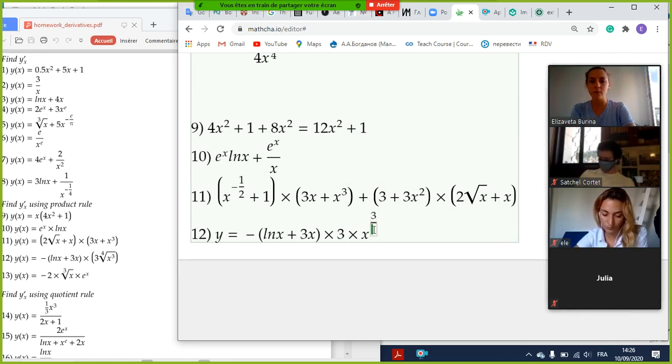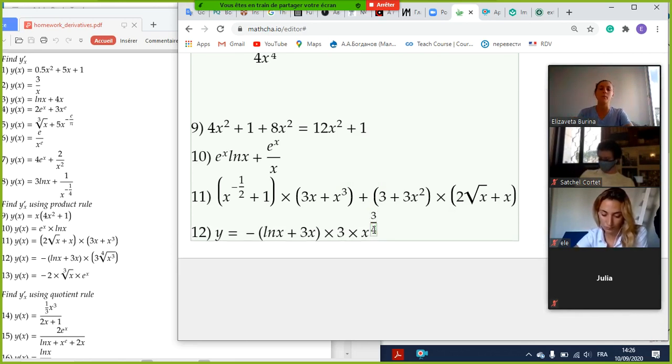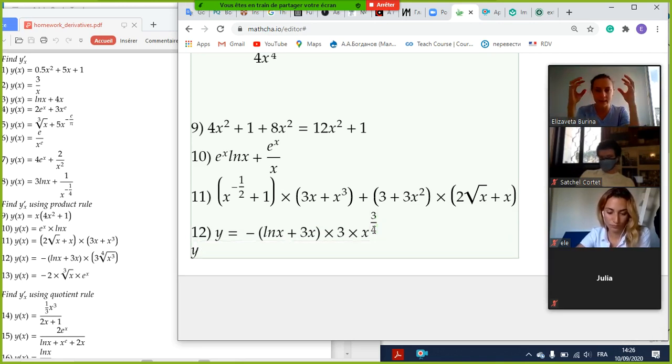So this is again for those of you who don't remember very well how to deal with exponents. This can be rewritten like that, and it's easier right now to take a derivative because we see exactly the power. And also here, to make it very easy, I want to just deal with actual variables.